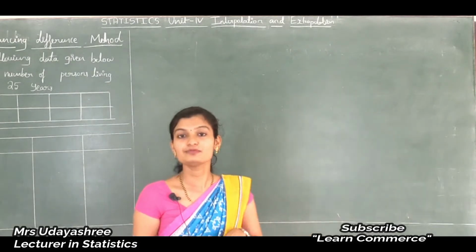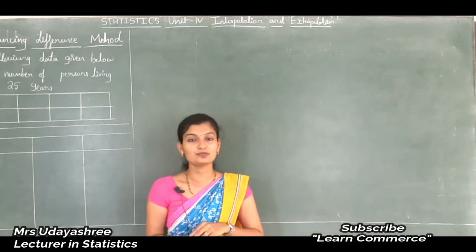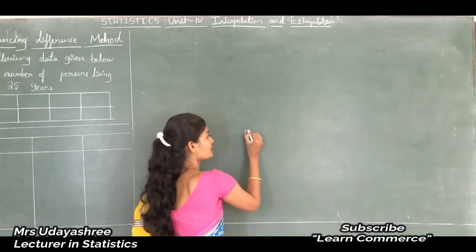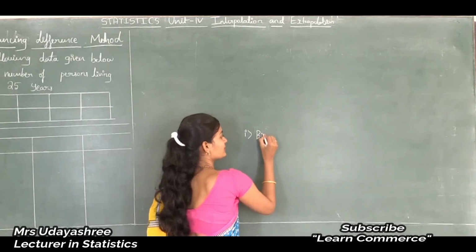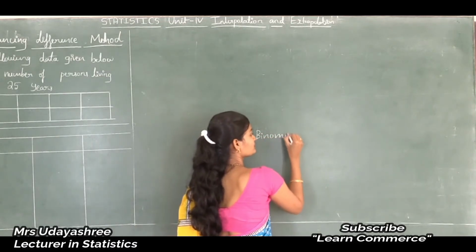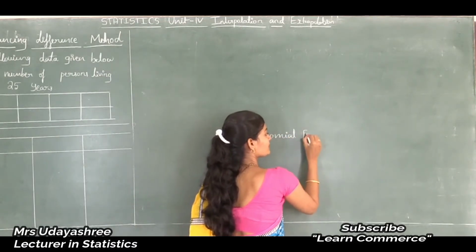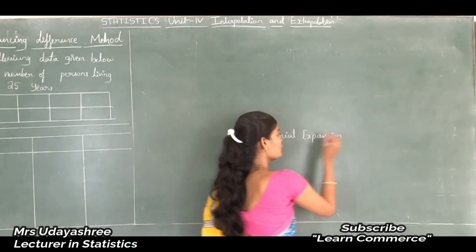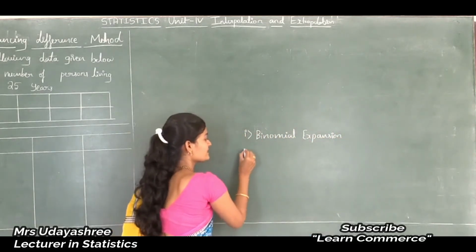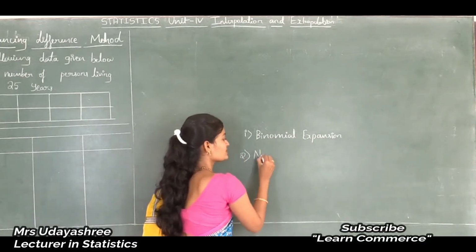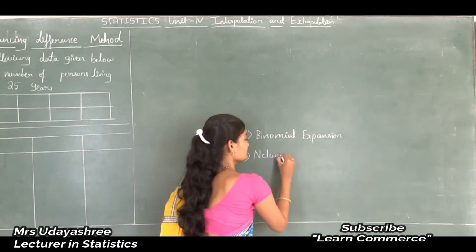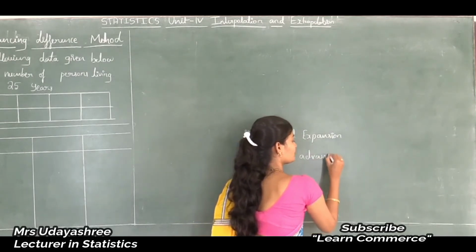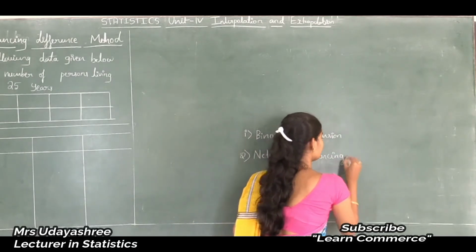Before that, we know that in interpolation and extrapolation there are two types. One is the binomial expansion method, and the second one is Newton's advancing difference method.